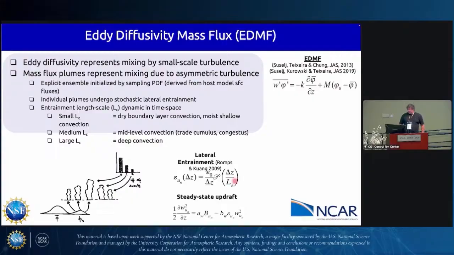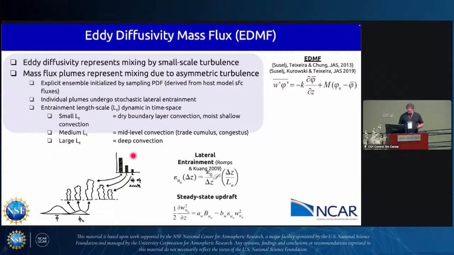And so this squiggly P will return the discrete number of entrainment events that have occurred over the layer delta Z. And then we integrate a steady state updraft equation vertically with these entrainment rates and the buoyancy. So there's no convective quasi-equilibrium assumptions in this scheme.